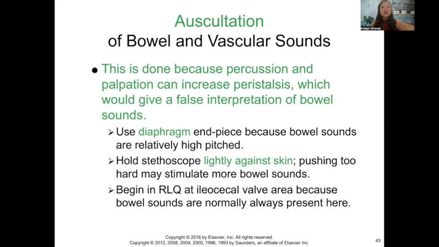You're always starting your abdominal assessment at the right lower quadrant, right above that ileocecal valve. This area is where bowel sounds are normally always present. And you're going to move from that right lower quadrant to the right upper quadrant, then the upper left quadrant, to the left lower quadrant.